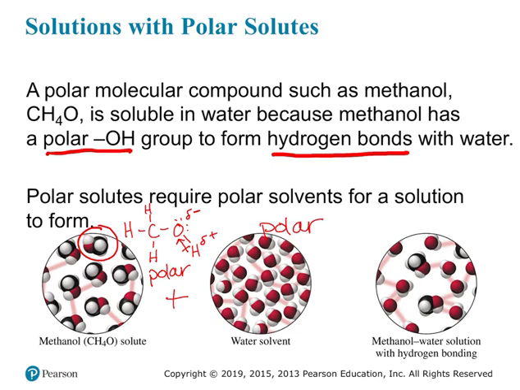So in our mixture off to the very right-hand side here, we have methanol molecules and water molecules, and they can form hydrogen bonds with each other because we have a partial negative oxygen and a partial positive hydrogen on the two separate molecules. So those are going to be attracted to each other. All right.